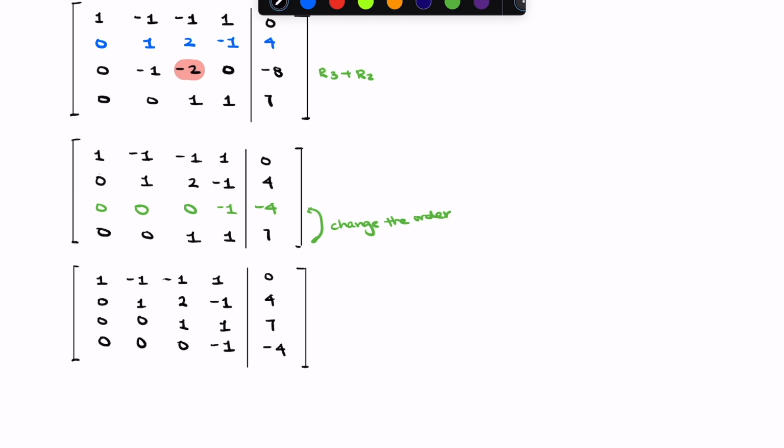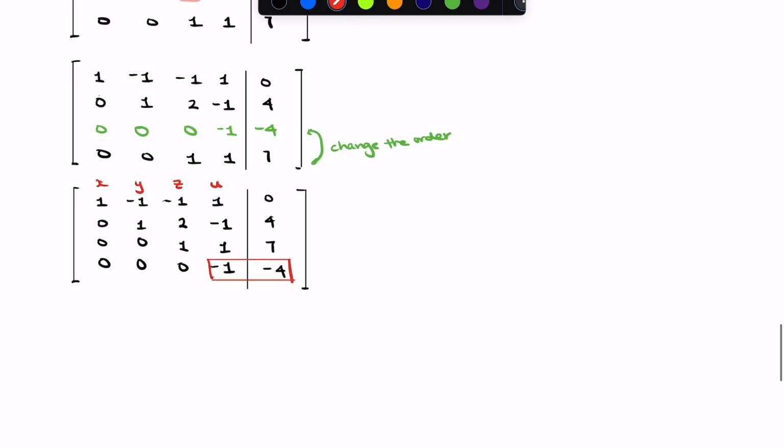Okay, so when we change that order there, we notice a couple things. Remember this is, again, x, y, z, and u. So here, if we look at this last row, you'll see that we can find our u value. So -u is equal to -4, and therefore u is equal to 4. From that, we can take our row 3 equation.